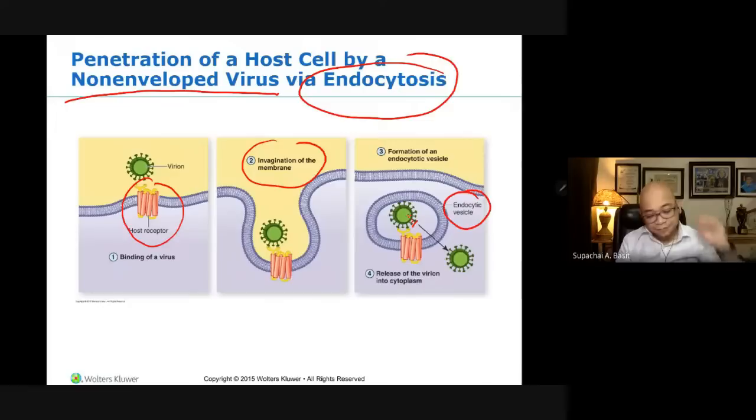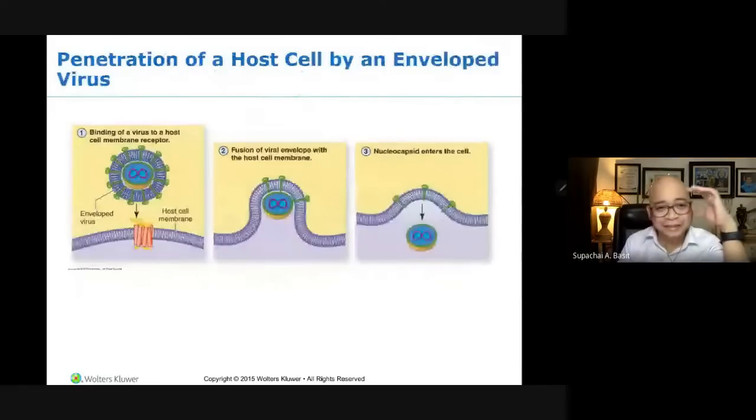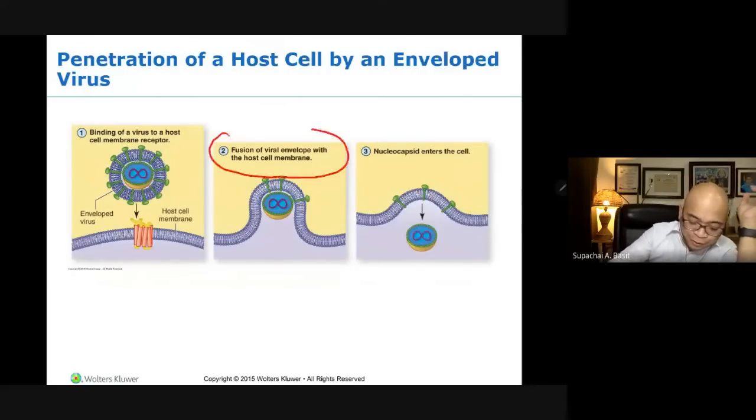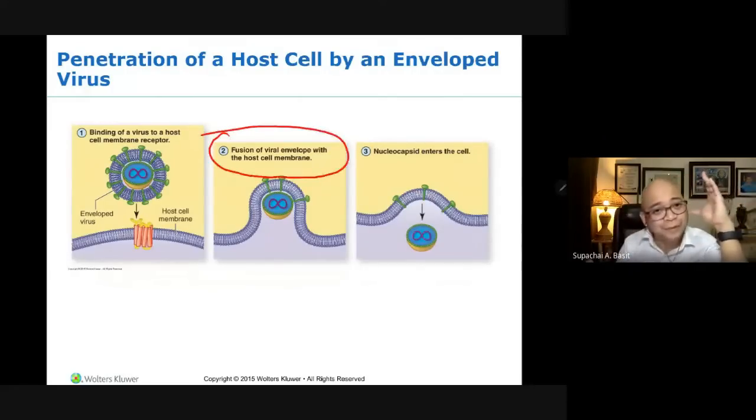However, for envelope viruses, it's a different story. Because for envelope viruses, binding of a virus to a host cell membrane will cause fusion. There would be fusion of the viral envelope with the host cell membrane. No invagination, but instead of invagination, there is fusion.